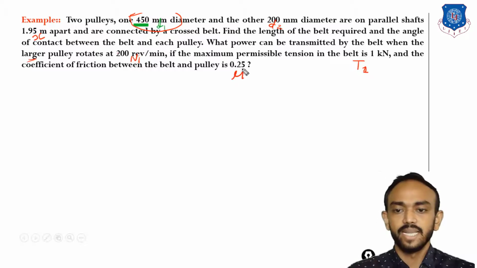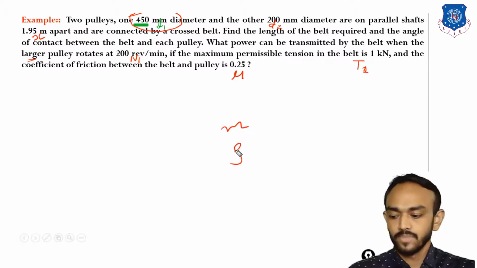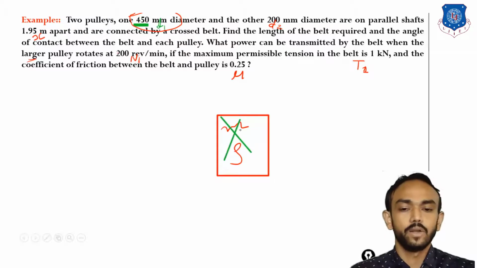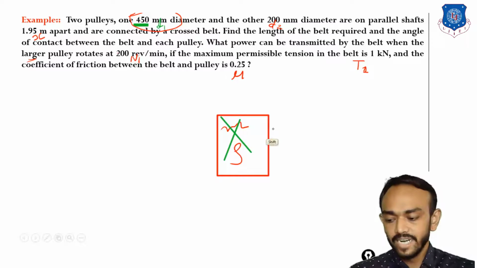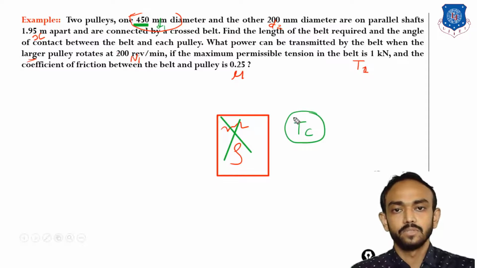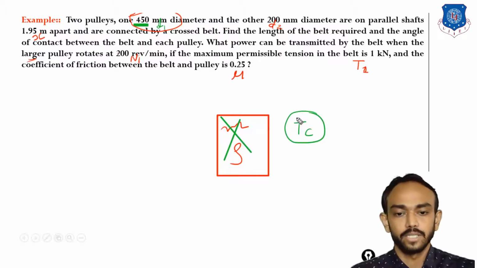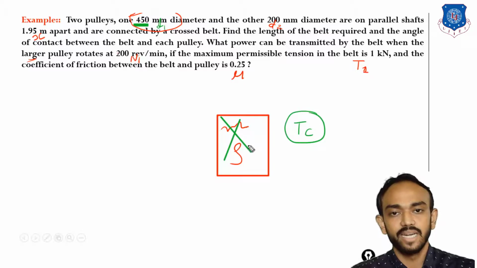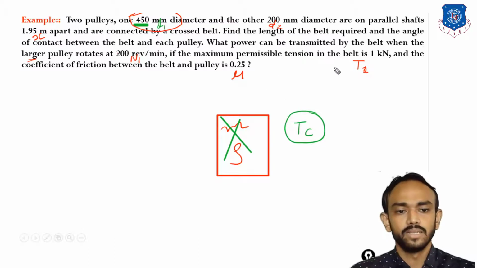So this is the data given. Mass and density are not given in this example, so we will not consider the centrifugal tension here.